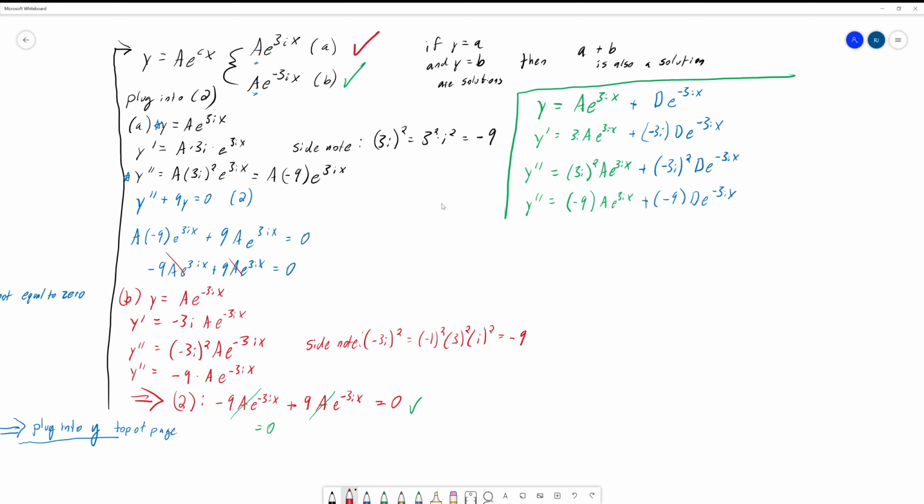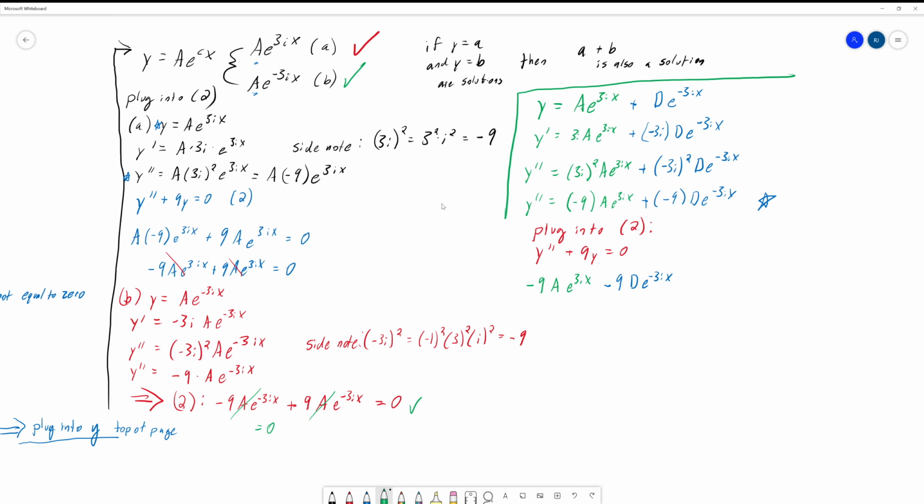So now let's plug into 2, our original equation, which again, just to remind us, is y double prime plus 9y equals 0. So our y double prime is going to be minus 9 times a e to the 3ix minus 9 times d e to the minus 3ix. I'm just reading from this line here.